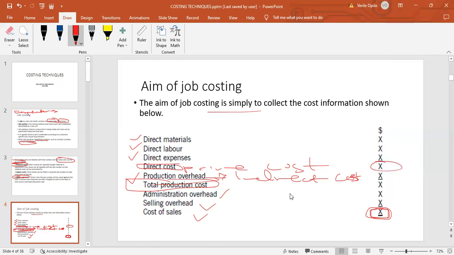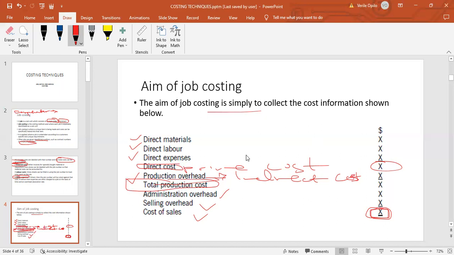So if you have an organization that deals with unique products for each client, such that it is not a repetitive or identical product for every customer, then that unique product or that unique job you're providing is going to be costed using the job costing technique. So only when a company has a unique product do we utilize the job costing technique.